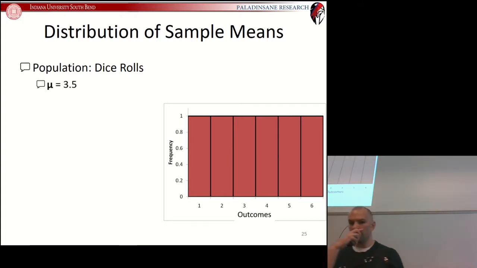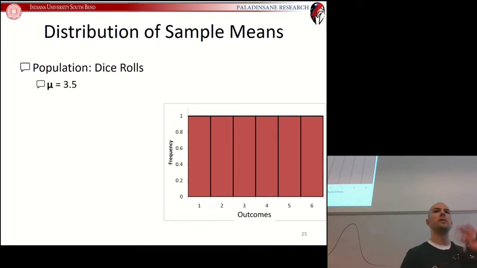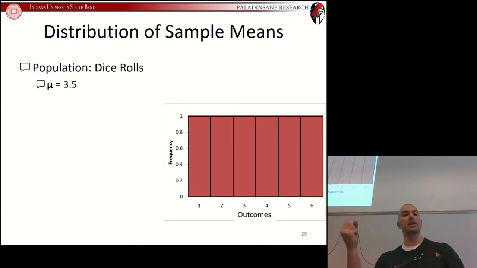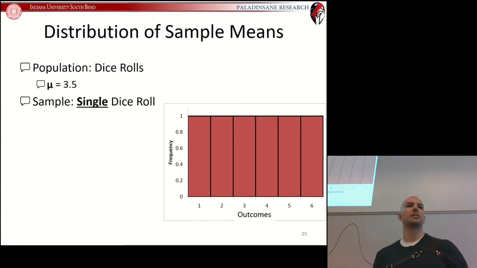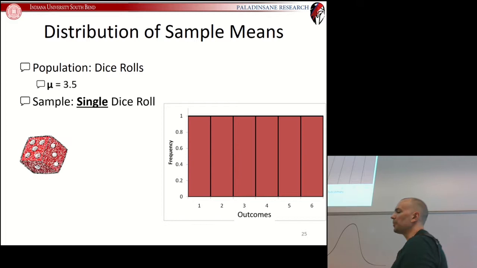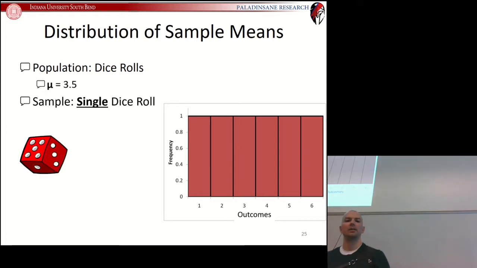So let's say that we started taking samples from this population, aka let's say that we started rolling dice. And we started with a single dice, just one dice roll. And for each sample that we took, we measured the mean of that sample. So we changed now from IQ to dice rolls.